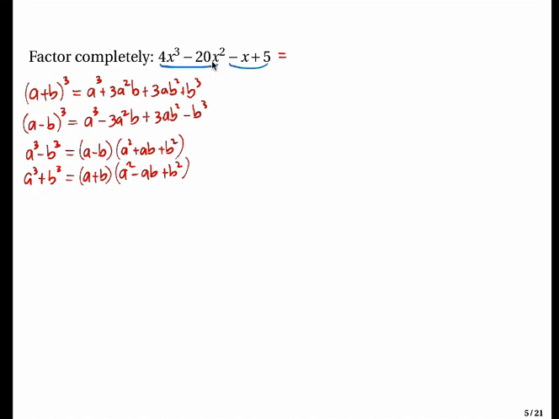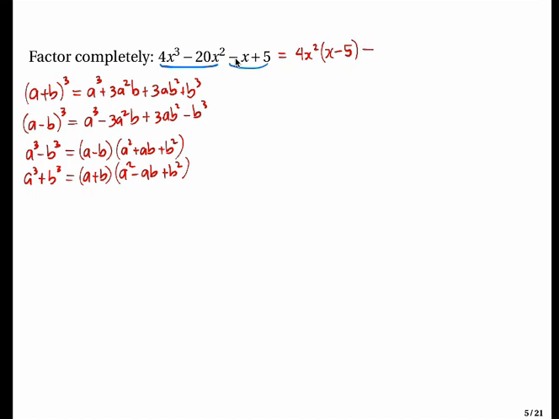for this group, notice that 4 is a common factor and x squared is also a common factor. So we can factor out 4x squared, and what's left inside would be x minus 5. While for this group here, what we will do is factor out negative 1.